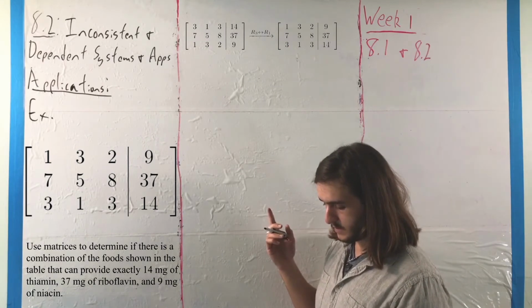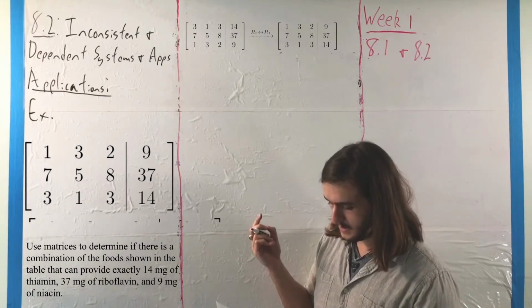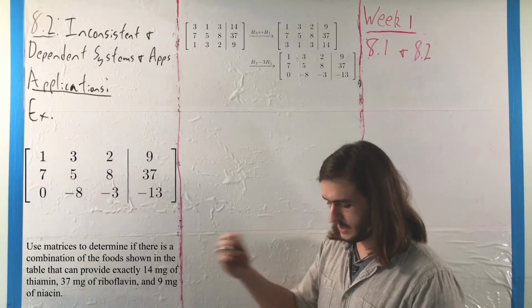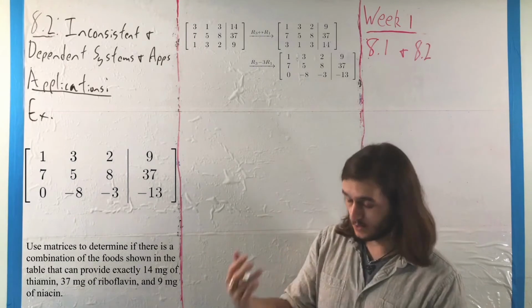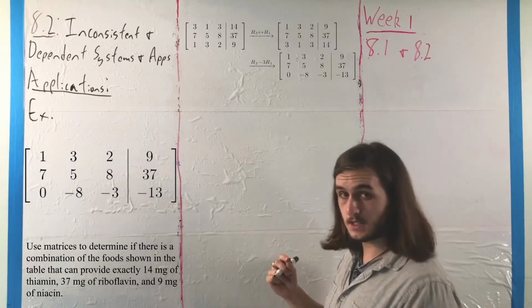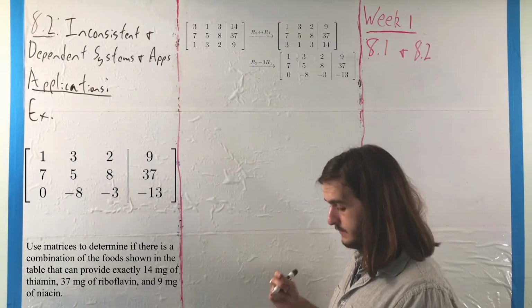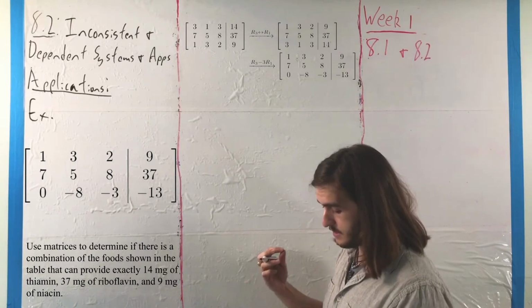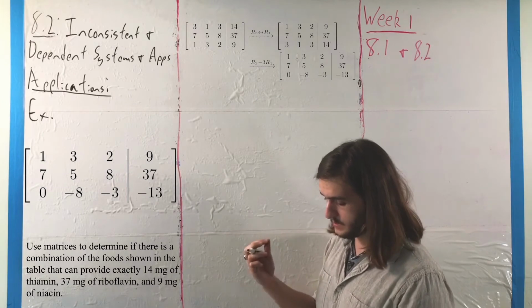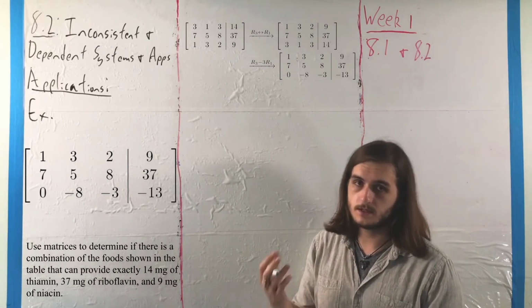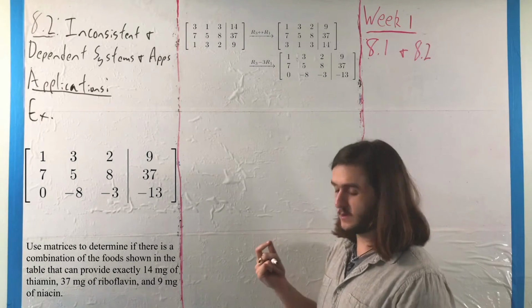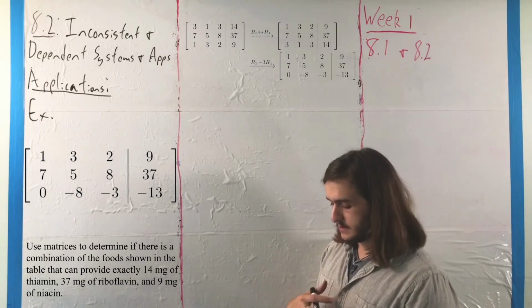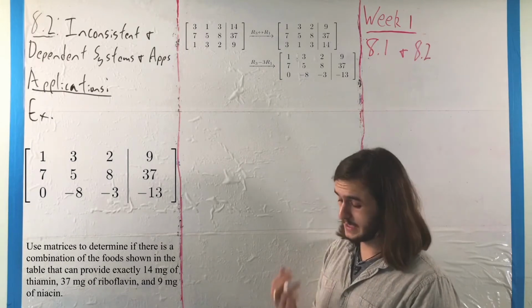And then we're going to take the new row 3 and clear out the cell value in there. So we're going to knock out the 3 by subtracting 3 times the new row 1, which means that 3 is going to become a 0. We're going to have 1 minus 3 times 3, so 9 for negative 8. And then 3 minus 3 times 2, 6, gives us negative 3, along with 3 times 9 gives 27. 14 minus 27 leaves negative 13.